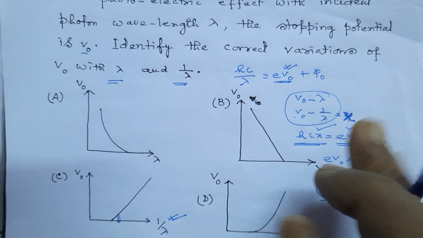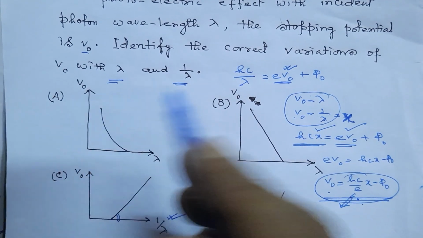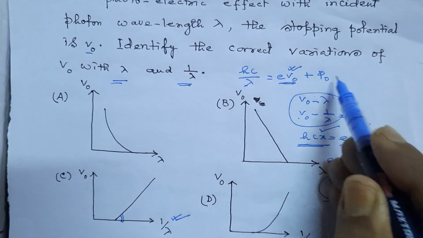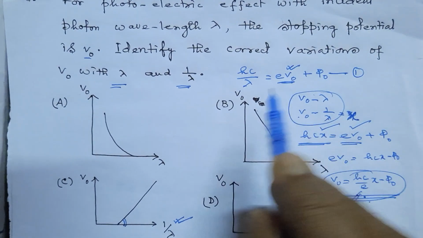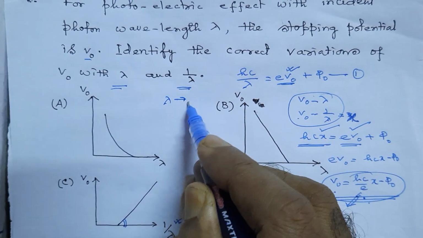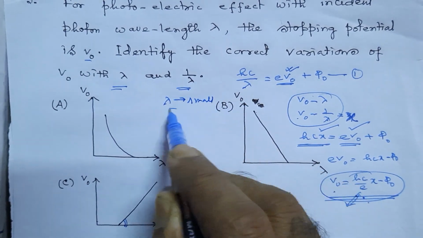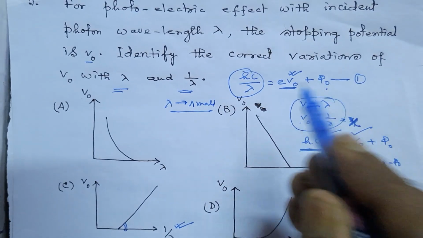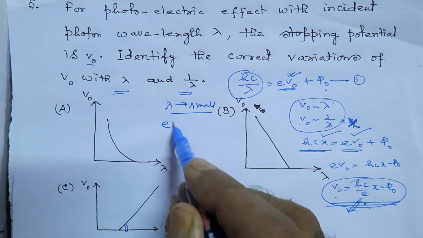Next, let us see how V0 varies with lambda. From equation 1, if we take an approximation, let lambda be small. When lambda is small, Hc by lambda is large, and for larger values of Hc by lambda, EV0 should be large.